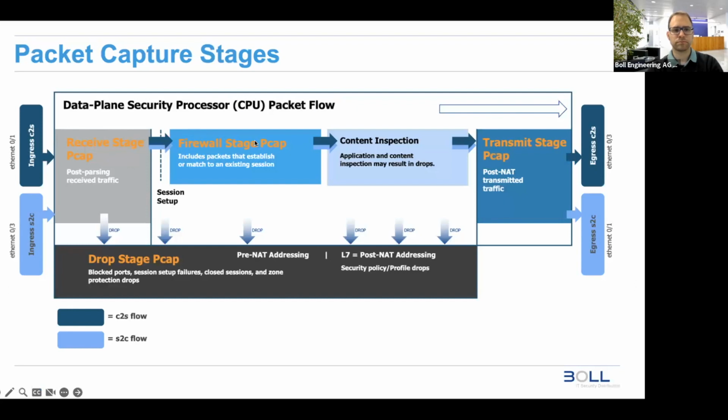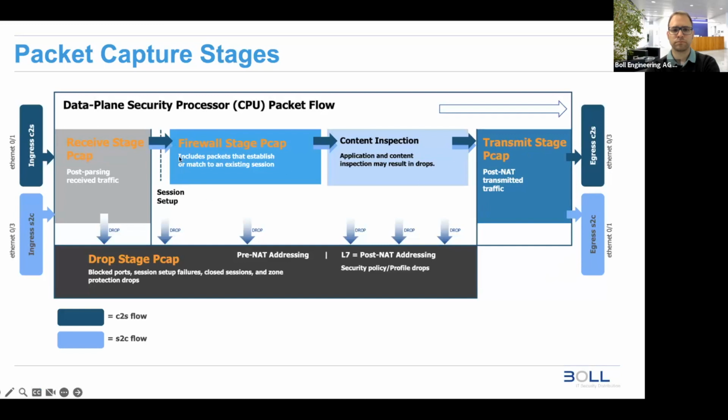Then the packet is processed by the firewall. This is captured by the firewall stage. If the packet has been processed by the firewall and is forwarded or sent to the egress interface, so if the packet is leaving the firewall, then we can capture it with the transmit stage.